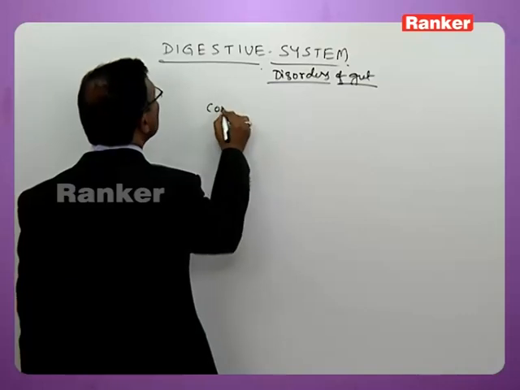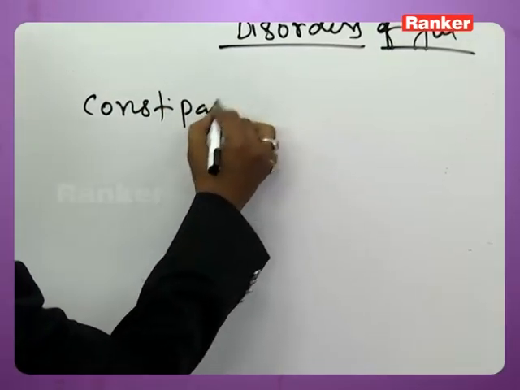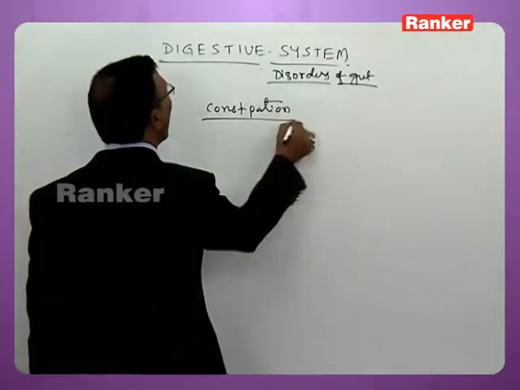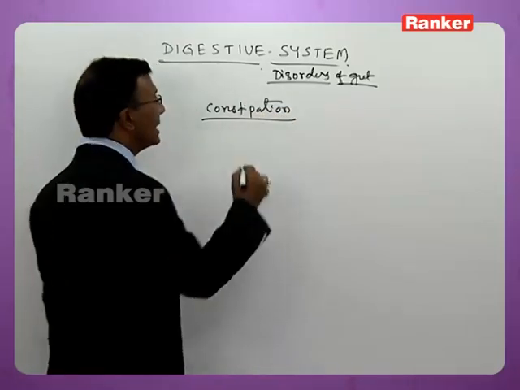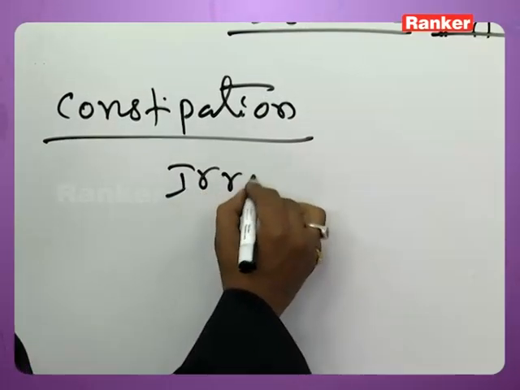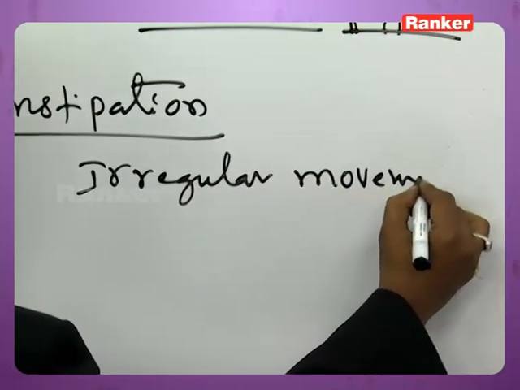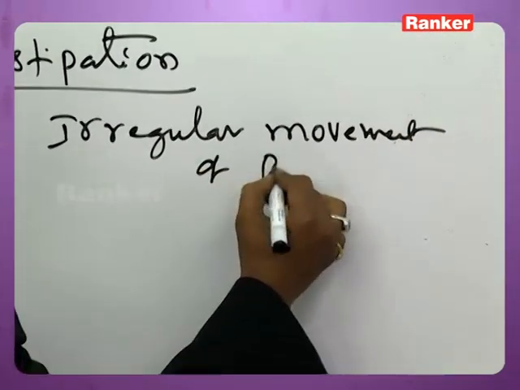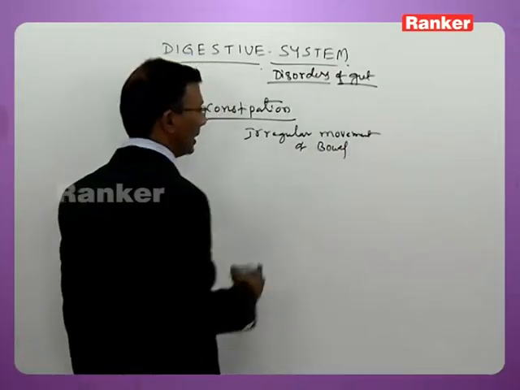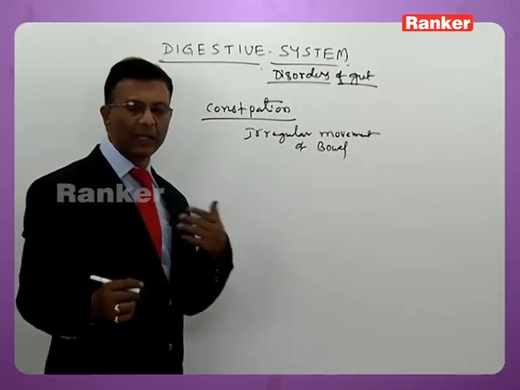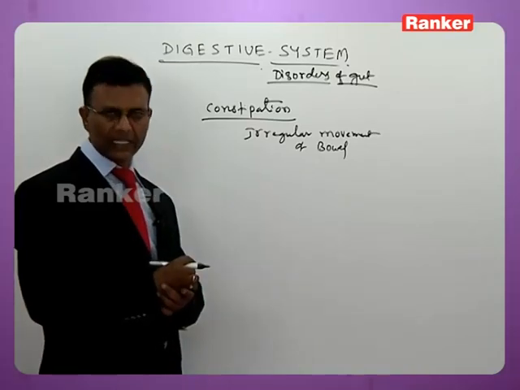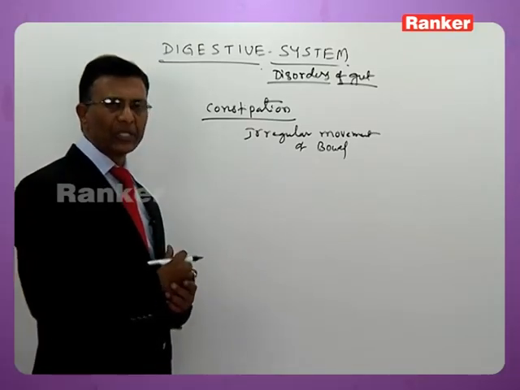The next you have constipation. In constipation, there is irregular movement of bowel. Because of irregular movement of bowel, there will be retention of solid waste in the colon region and rectum region.